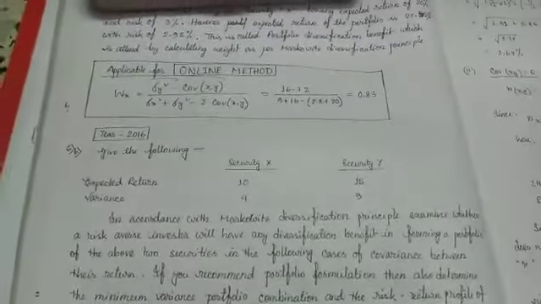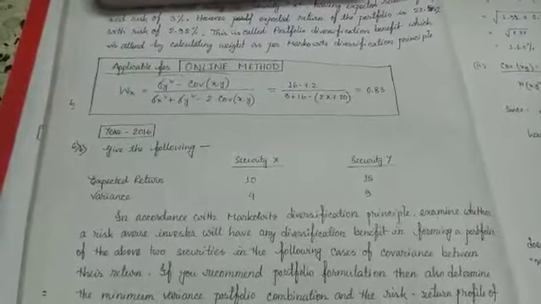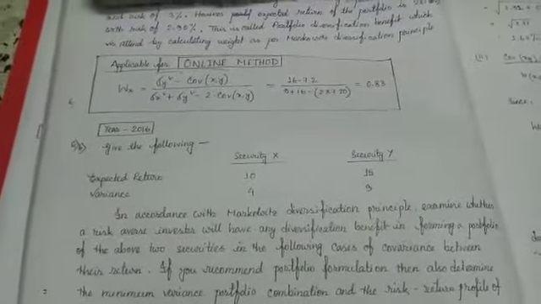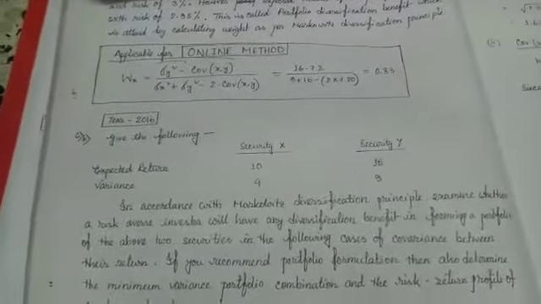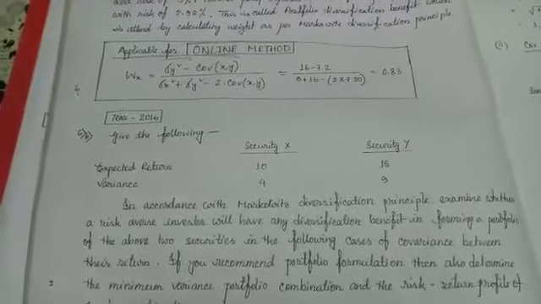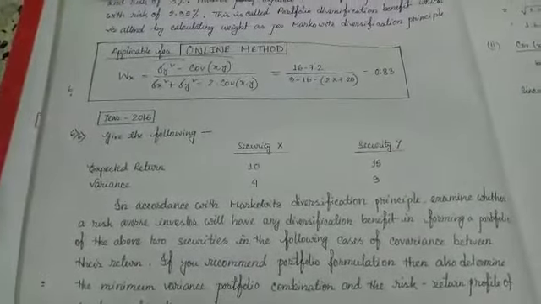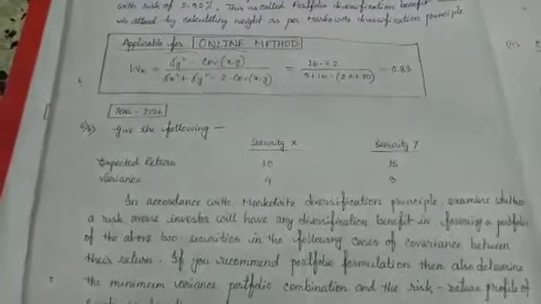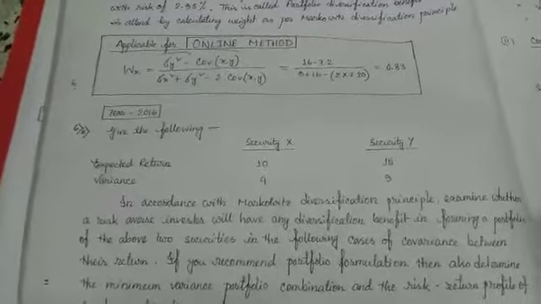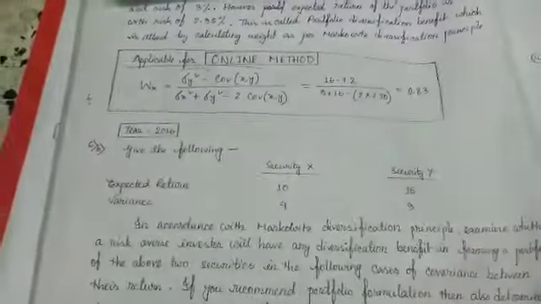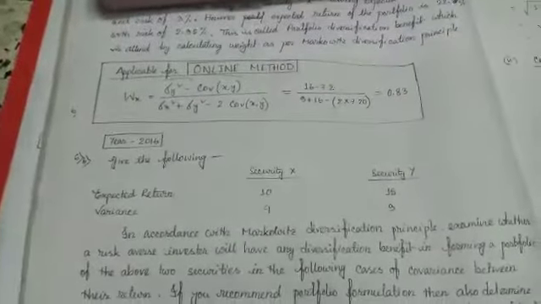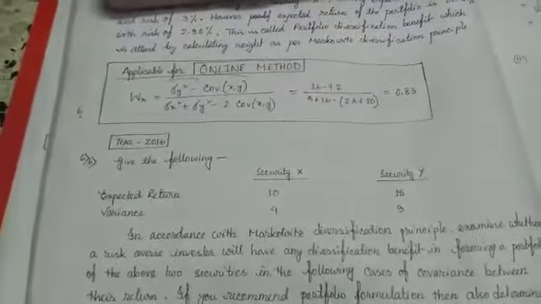Now, if your examination is to be taken on online mechanism, then you may determine the weight of security X by applying the common formula which is discussed in your past class.